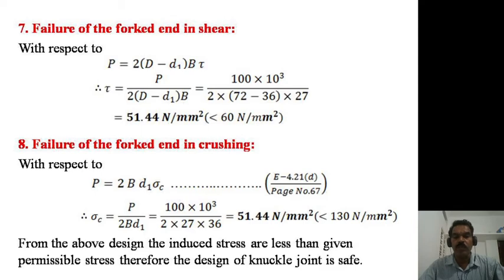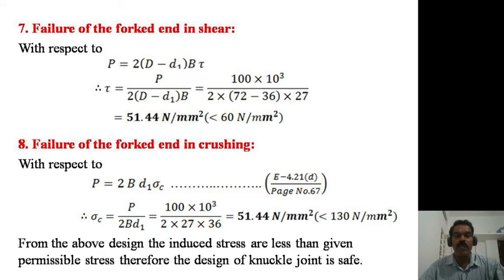Now you can substitute all values in this equation. Finally you will get the sigma c value, that is the induced crushing stress of the forked end, which is 51.44 Newton per mm square. Hence it is less than the permissible value. So what is the permissible value here? 130 Newton per mm square. Hence this is less than this value.